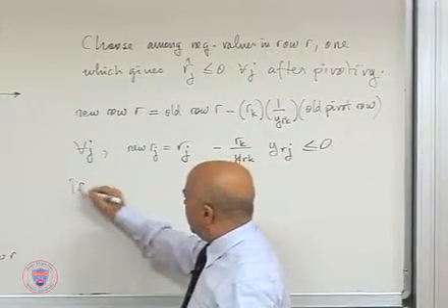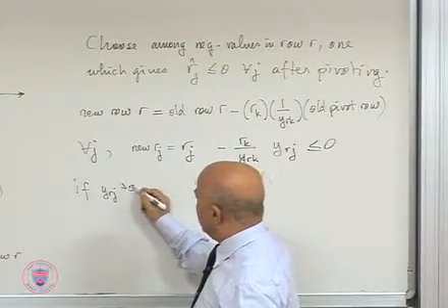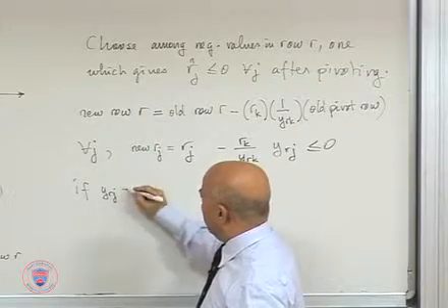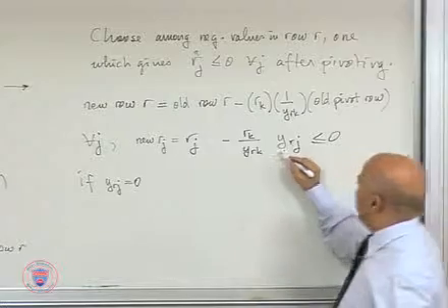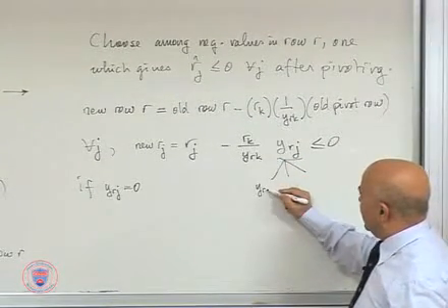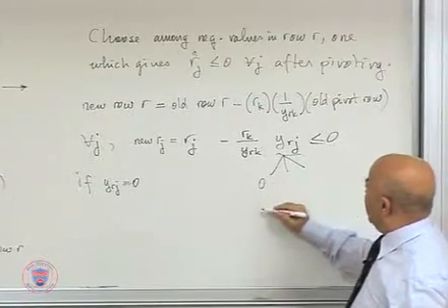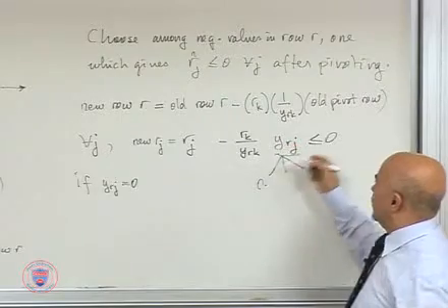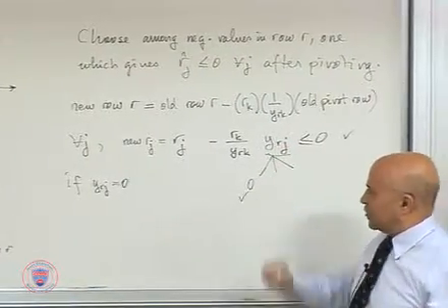Now, if Yrj is positive, well, first of all, if it is 0, well, there are three possibilities here. If Yrj is equal to 0, then this will not affect, so this inequality will be satisfied in that case. Okay, so this case is okay.